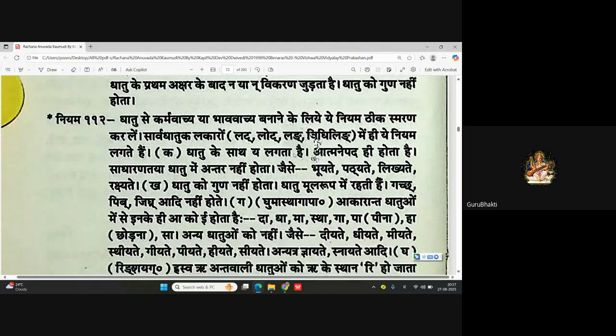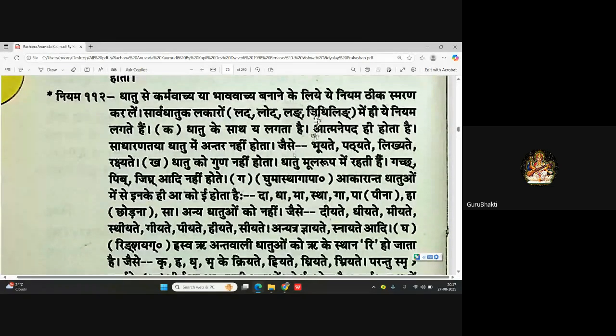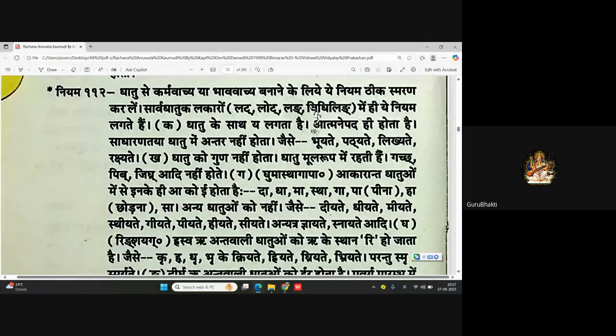Next one. This is a continuation of the previous chapter. In the previous chapter, we saw there are three kinds of vachyas. What are they? Kartruvachya, Karmavachya, and Bhavavachya. In Kartruvachya, what is the niyama? Means in the vakya, which one should be in which vibhakti?